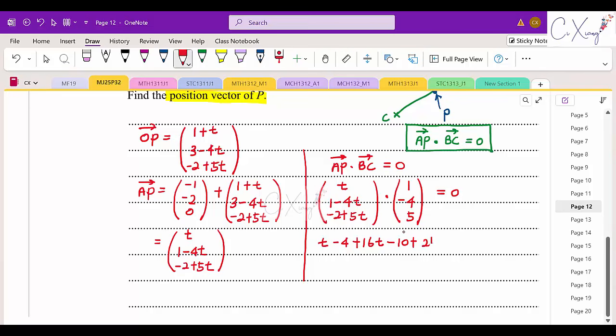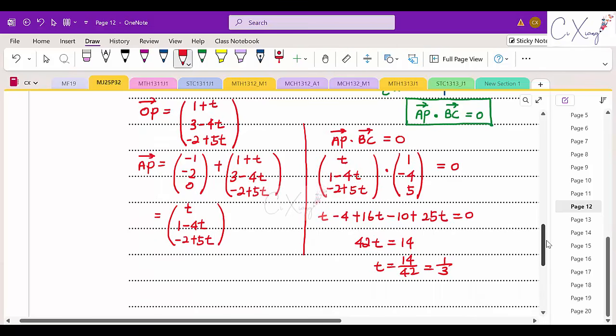Then plus 25t. And it equals 0. Try to simplify all the t together. You will be having 42t equals 14. And therefore, your t is equal to 14 over 42, which is equivalent to 1 over 3. And now you already successfully get the value for the t here.